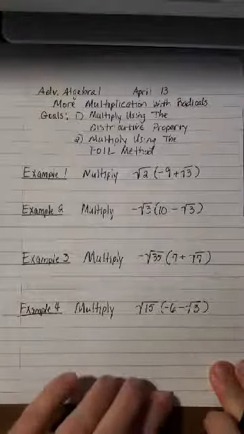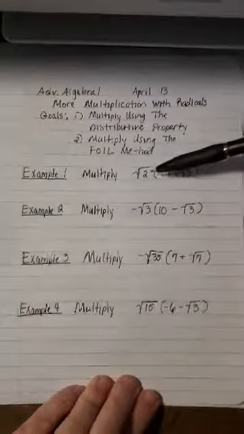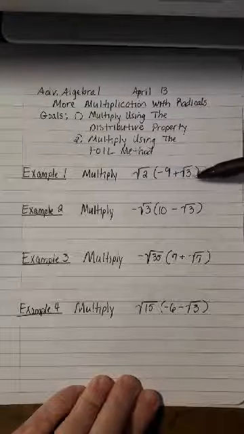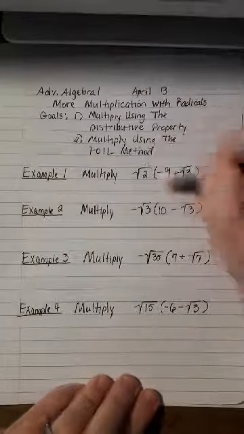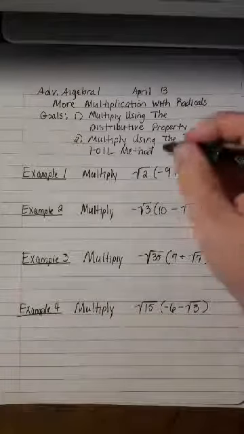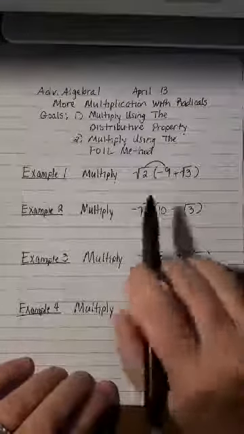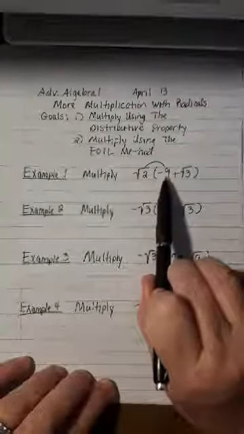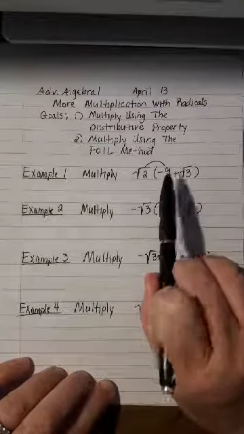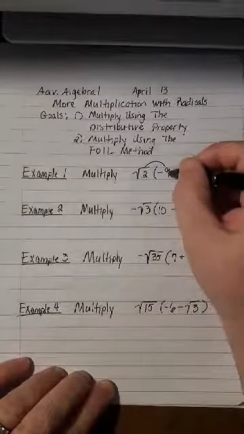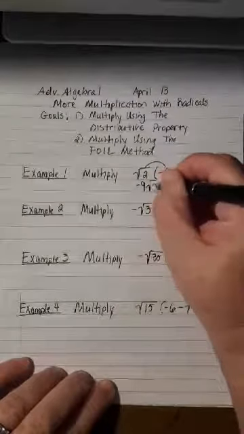Now what you have to remember is that when you multiply, you can only multiply the numbers inside the square root symbol together. So on this first one, when you multiply the square root of 2 times negative 9, you can't multiply that 2 and that 9 together because this 9 is not inside the radical symbol. So you just have to put that negative 9 on the outside of the square root of 2.